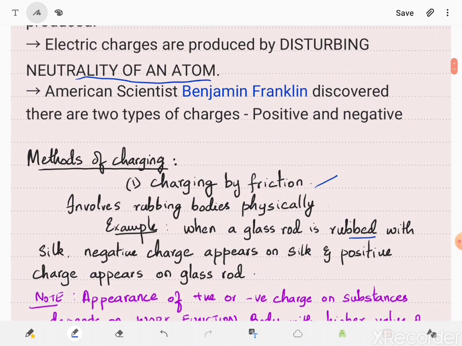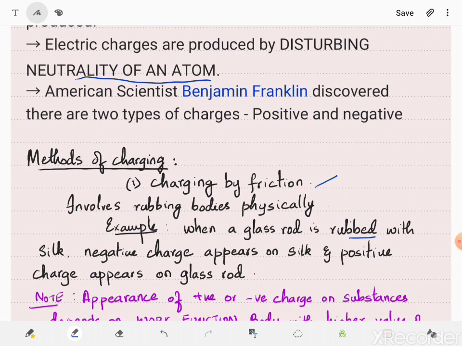Now, what has happened here? You have disturbed the neutrality of an atom. An atom in general is supposed to be neutral, meaning that there is an equal number of protons as well as an equal number of electrons, right? There is an equal positive and negative charge. It is balanced.